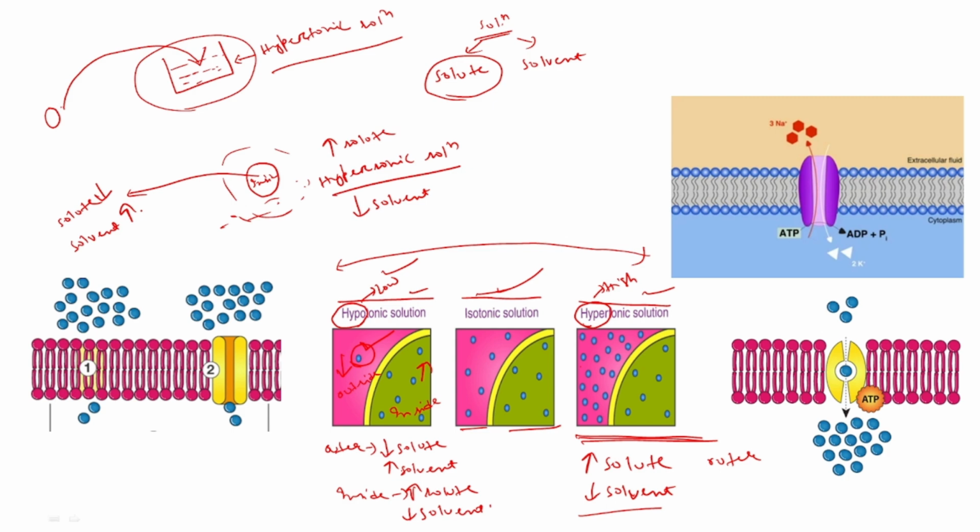So that means, let us say the solvent is water. The water molecule is present, this is the solvent, water. So the water molecule is present at higher concentration inside and lower concentration at the outer side.